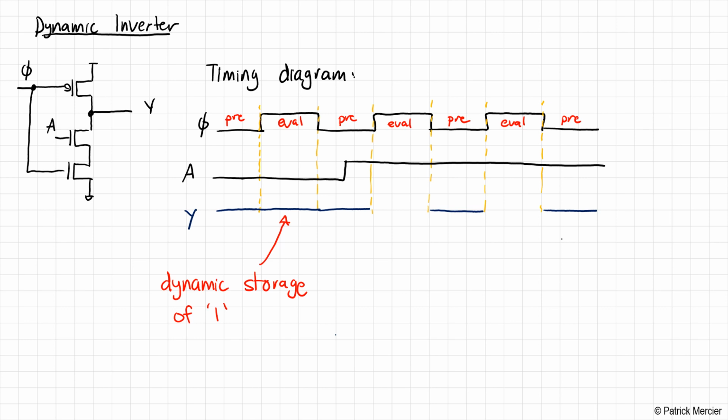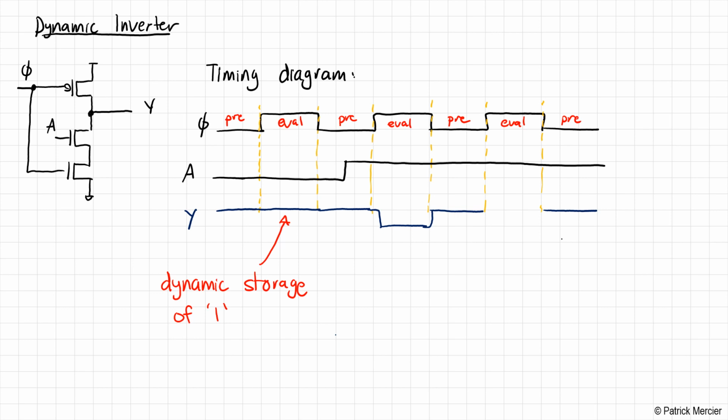In the evaluate phase, that evaluate NMOS transistor is going to turn on. A is now on, so now there is a direct path to connect the output to ground. Okay, so this goes low after some delay. And then in the pre-charge phase, it goes back up.